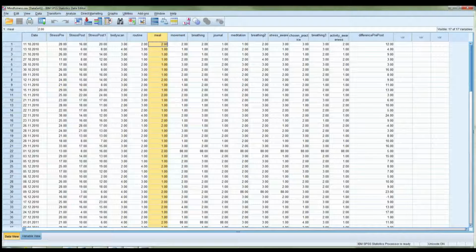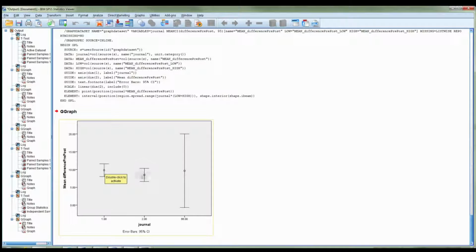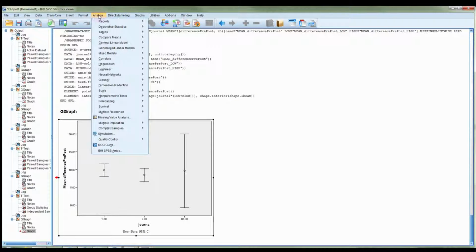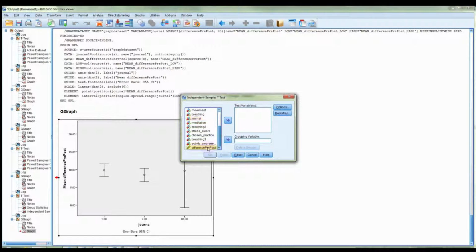So from here, the mean for those that journaled is slightly higher than the mean for those that didn't journal. But the confidence intervals have a huge amount of overlap, and I'm not convinced that the actual true change in stress is in any way dependent on whether or not they journaled. I don't believe that that result will be significant.